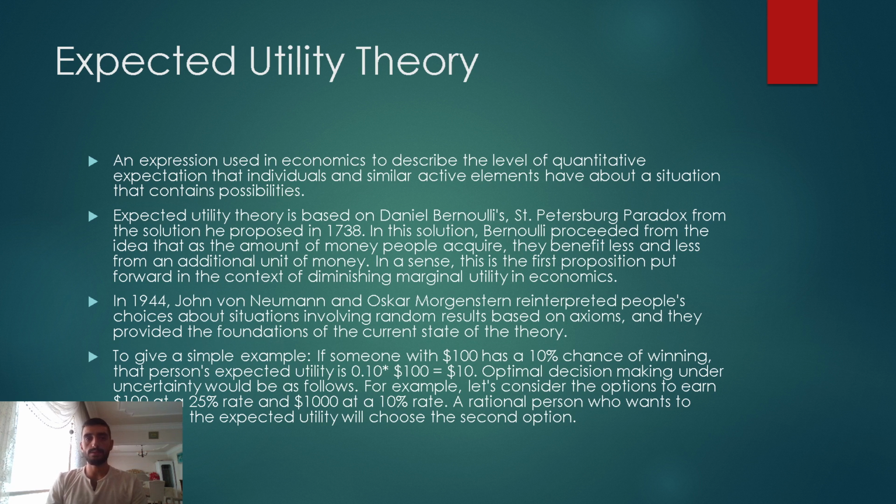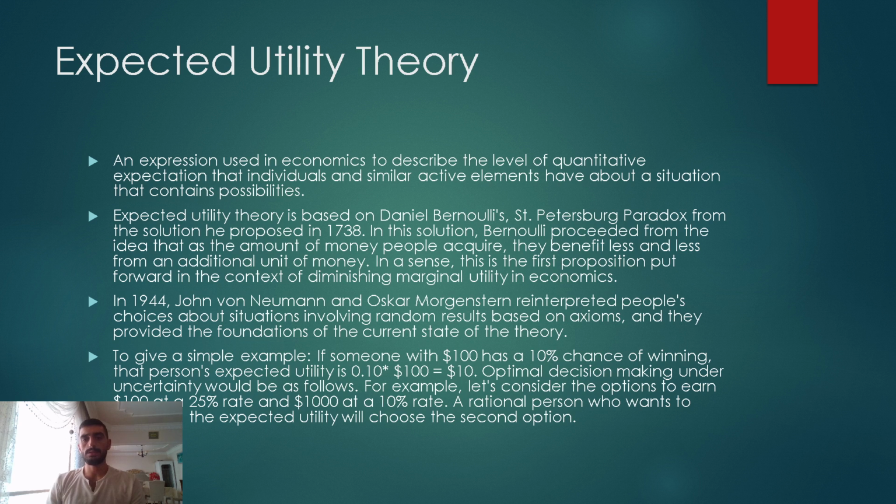And expected utility theory, an expression used in economics to describe the level of quantitative expectation that individuals and similar active elements have about a situation that contains possibility. Expected utility theory is based on Daniel Bernoulli's St. Petersburg paradox solution proposed in 1738.